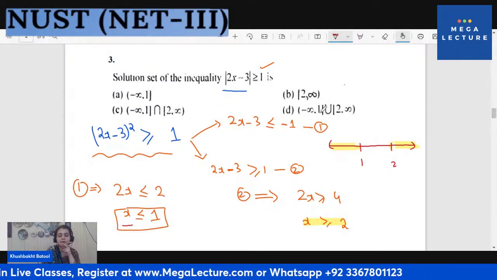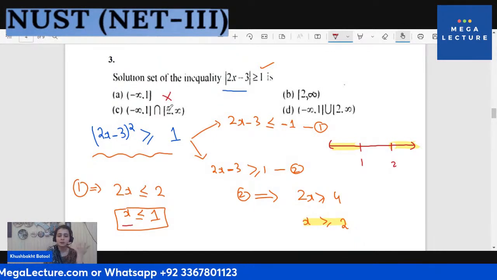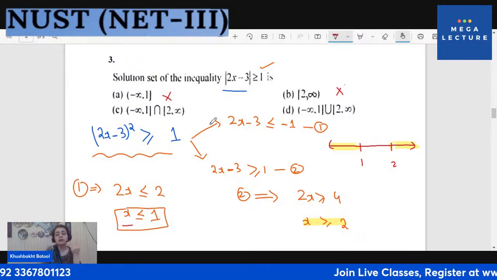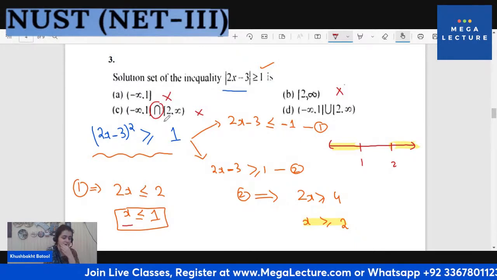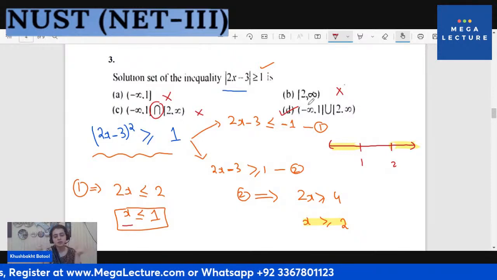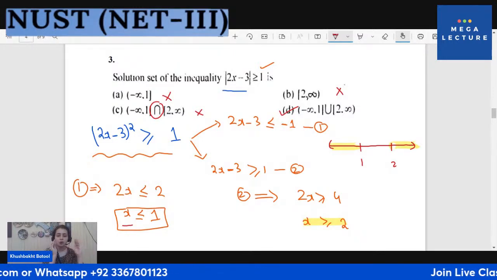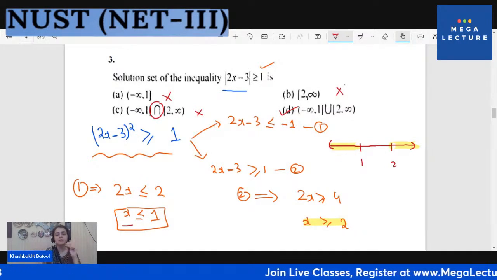So this implies that the answer is going to be, is it A? No, because A is only covering the first part. Is it B? No, because it is only covering the second part. Is it C? No, because it says the intersection of both the solutions and we do not have any intersection. Is it D? Certainly it is D, because all the other options are wrong, and it makes sense because the first part is from minus infinity to 1, the second part is from 2 to infinity, and we have a union of both the solutions.